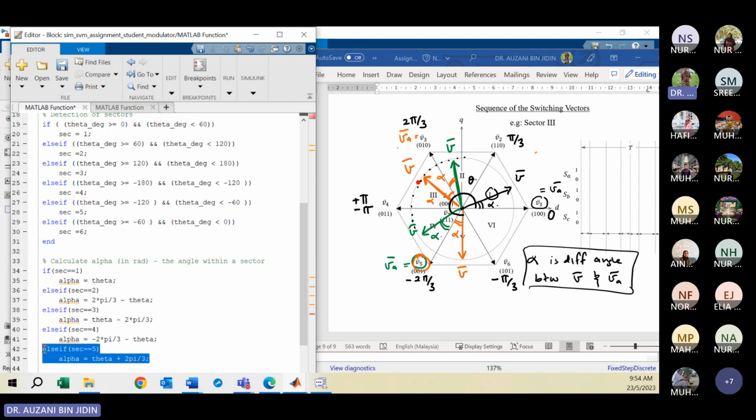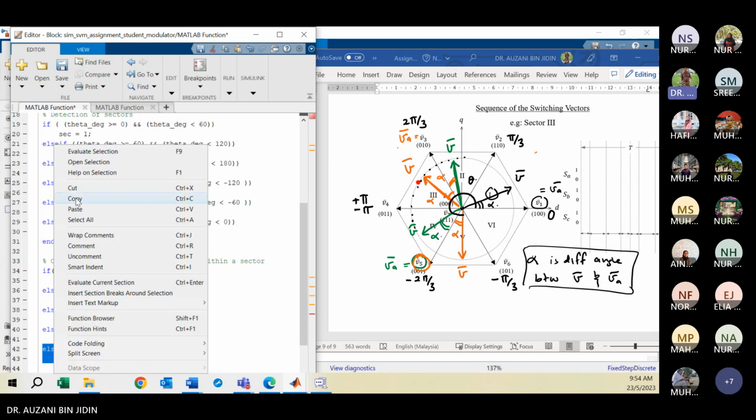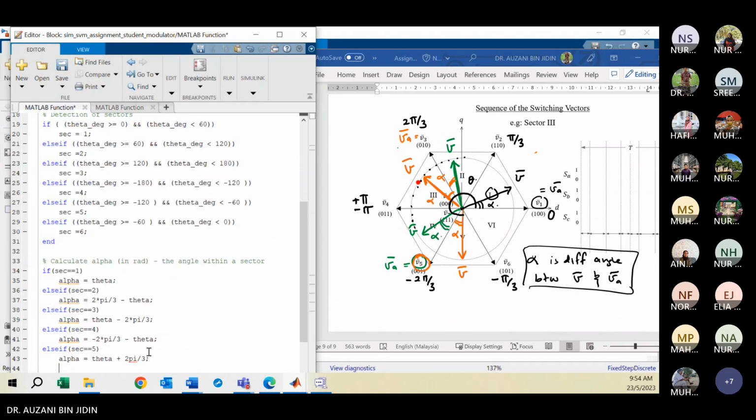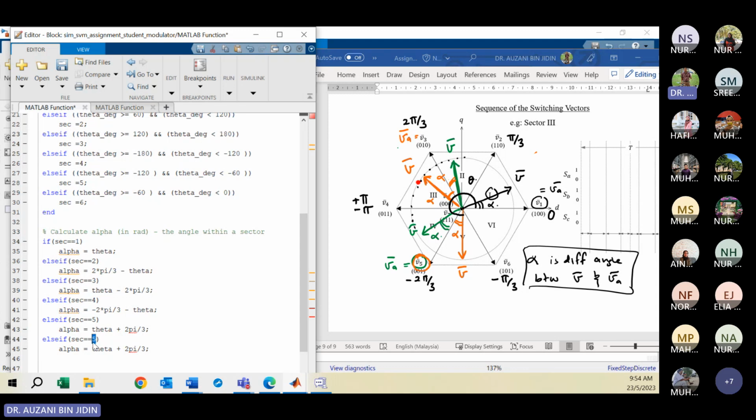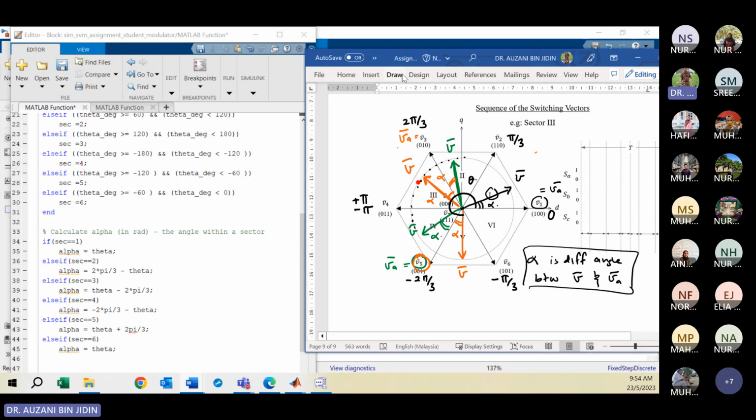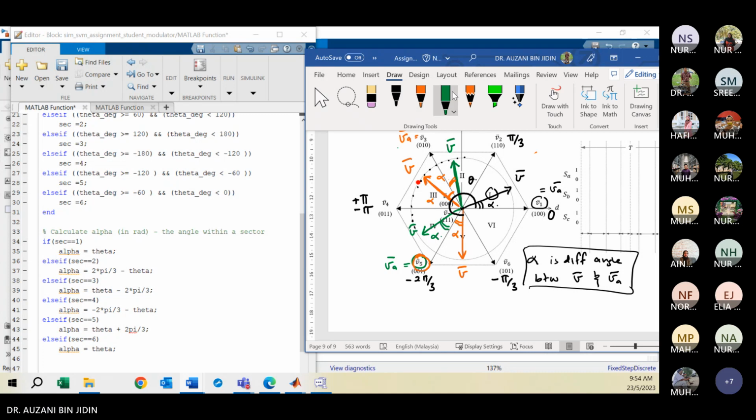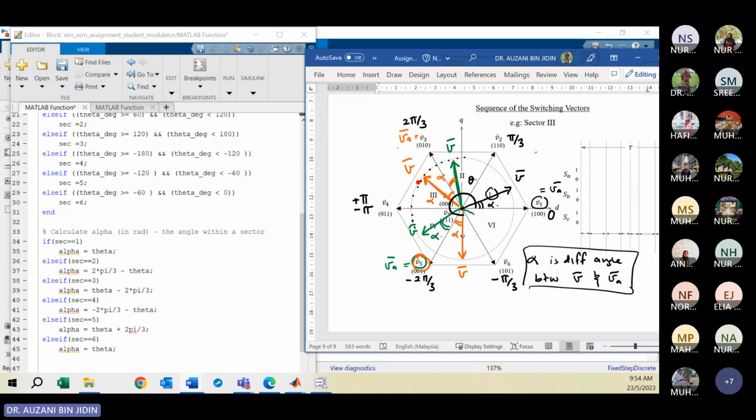Okay, then last, sector 6. Sector 6 is straightforward. So your alpha will be what? Imagine your reference is located here. For sector 6, VA will be V1.